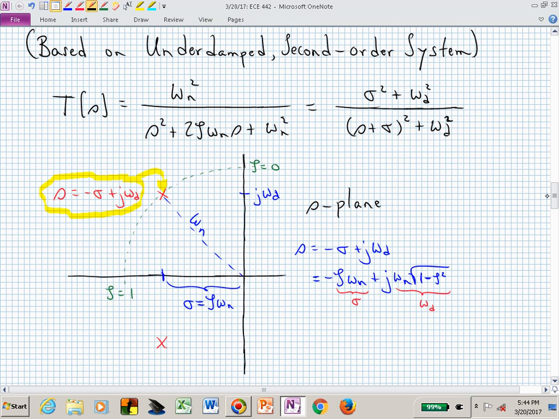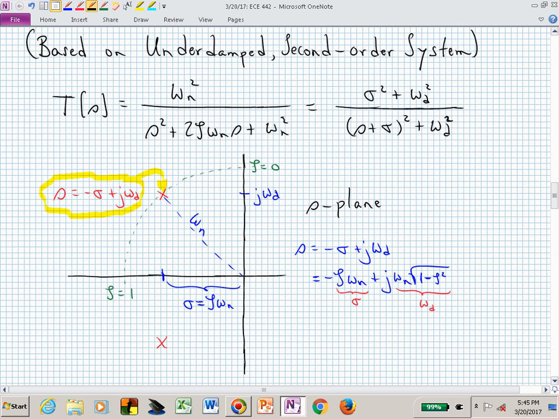Here is our S-plane and our transfer function connecting to the S-plane. I simply have two poles that are indicated by X's, one in the second quadrant, one in the third quadrant, and those poles are moving around in the complex S-plane based on these parameters. The zeta parameter is the damping ratio. The natural frequency is the distance that those poles are from the origin.